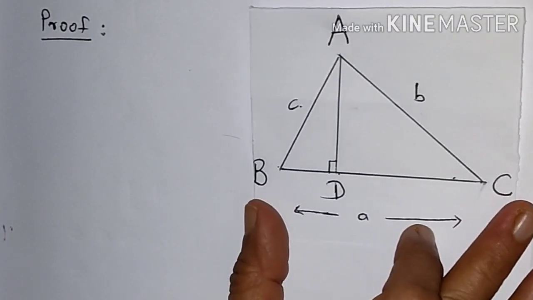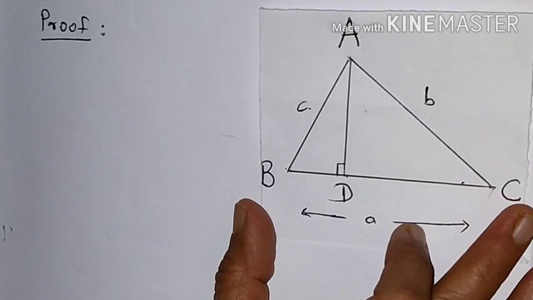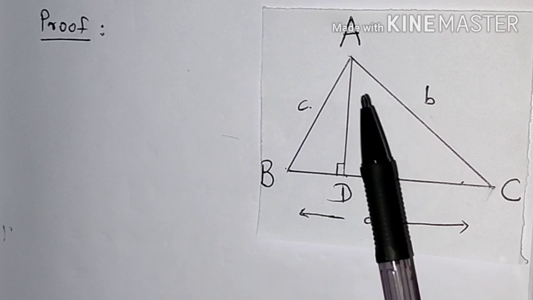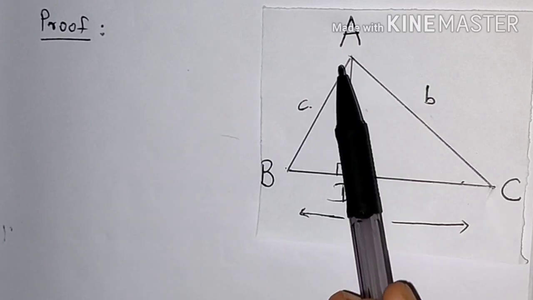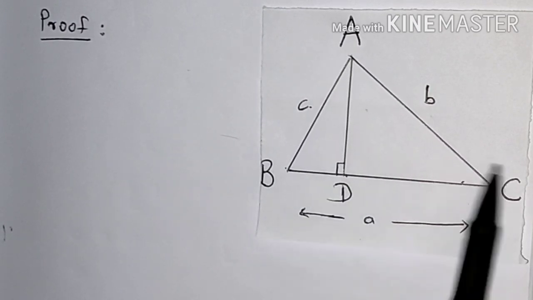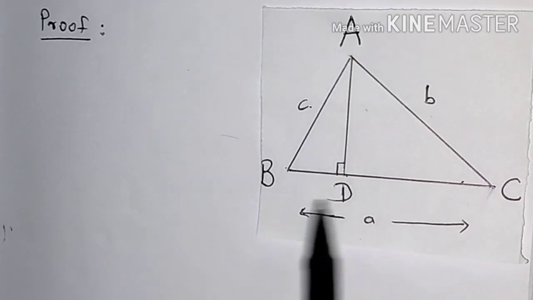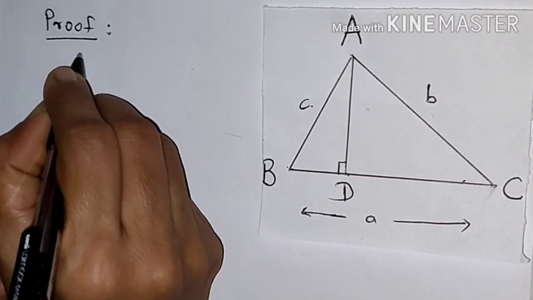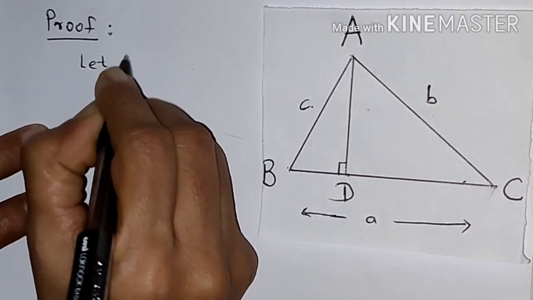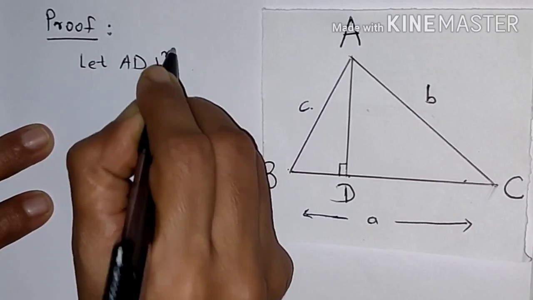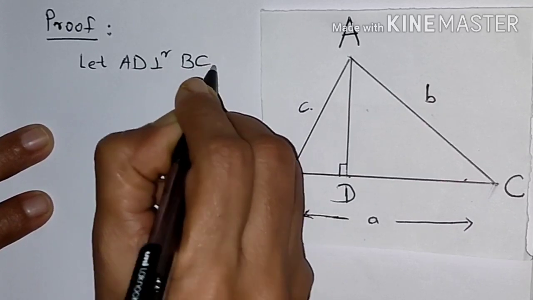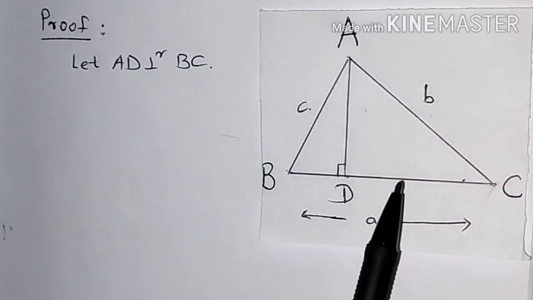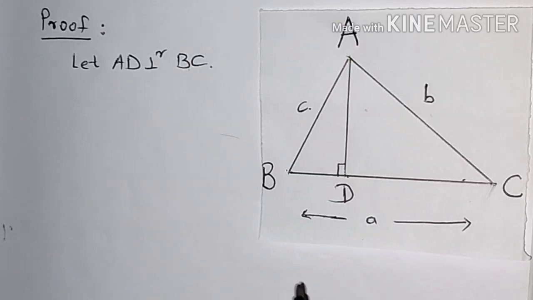Let's consider triangle ABC. Draw perpendicular from A on BC. So let AD be perpendicular to BC. To derive this, we are mainly going to consider area of triangle.